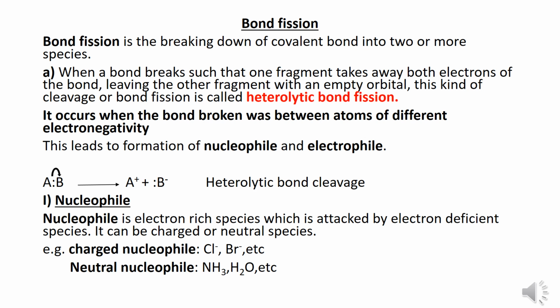A nucleophile is an electron-rich species which attacks an electron-deficient species. That electron-deficient species is the electrophile, and the nucleophile can be a charged or neutral species. Examples of charged nucleophiles are chloride ion and bromide ion.